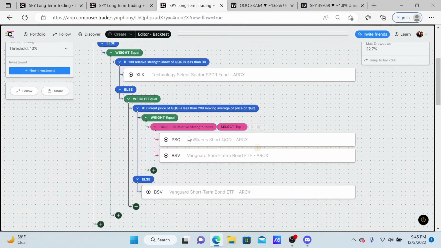Again, it's because you're using the filter and you're using bonds as an indicator to basically tell you when to exit the position of PSQ. So you will hold these two not at the same time, but you will transition from one to the other in a downward trend below that 20-day moving average.